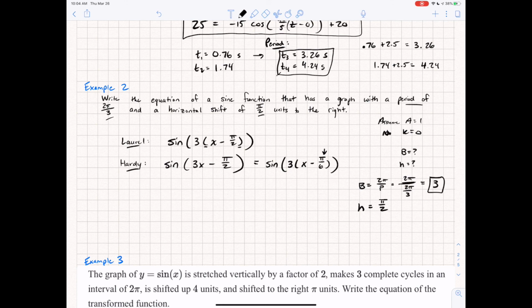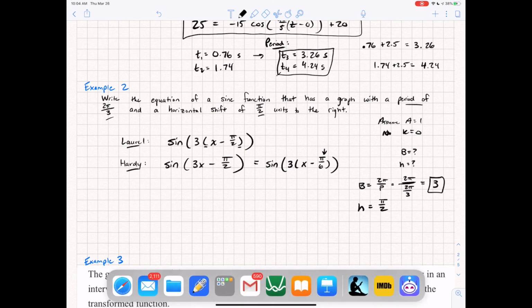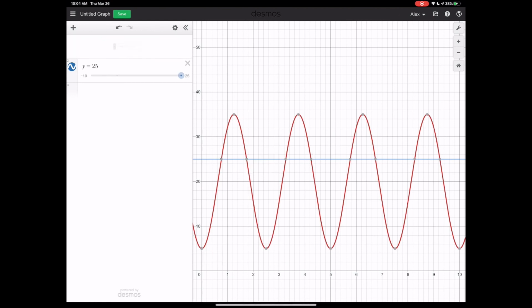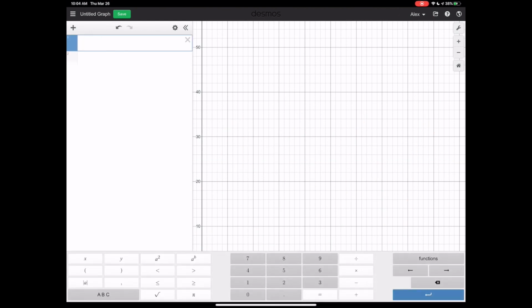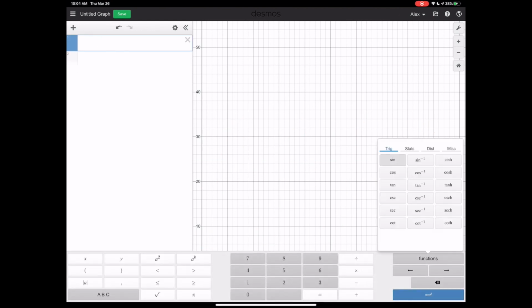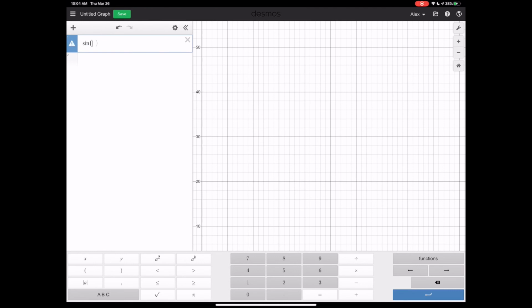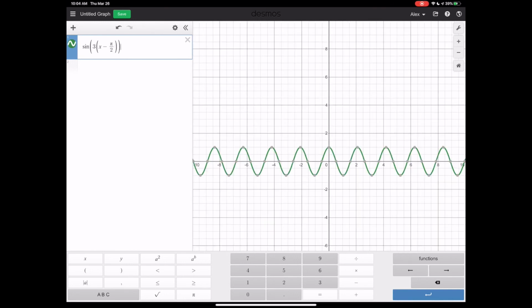To show you this visually, I'm going to go back to Desmos and let's clear off what we have here. Again, I'm looking at a graph of sine where specifically I want to do 3 parentheses x minus, and I want to do pi divided by 2. I'll go back home so we can see it.